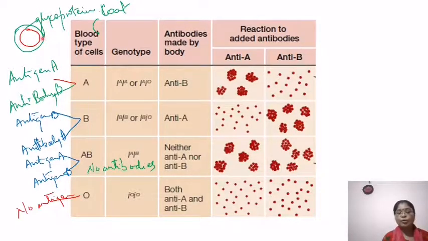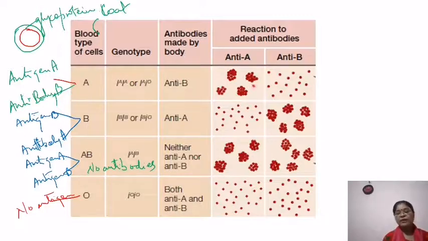It's a glycoprotein coat over your RBC. Blood group B has antigen B and antibody A. AB has both antigens, no antibodies. And O has no antigen, both antibodies.